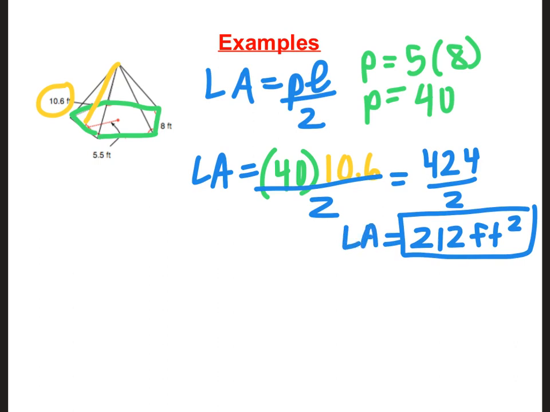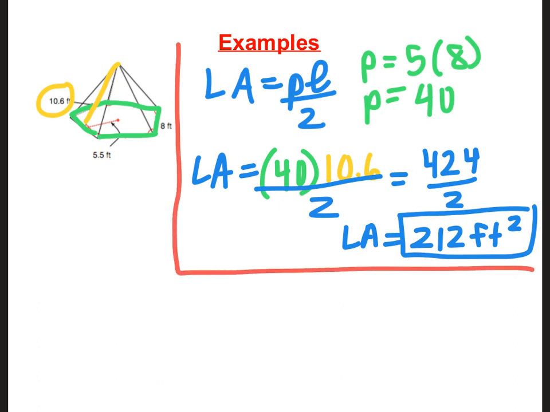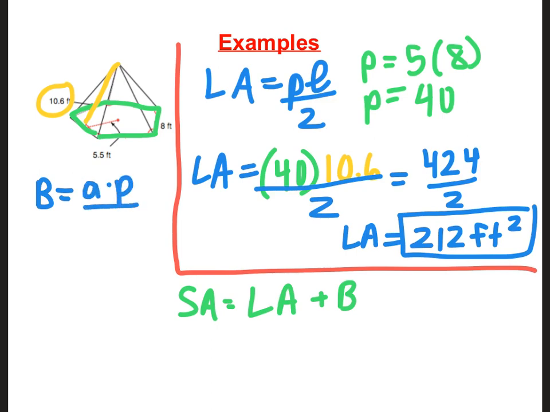All right, I'm going to kind of put a box around this work, and then we're going to find our surface area. So my formula for surface area is SA equals my lateral area plus the area of my base. So we're going to go ahead and focus on the area of the base first. Notice my base is a regular pentagon, so we have to use that formula A times P divided by 2. Remember, A is your apothem. It's going to be 5.5.